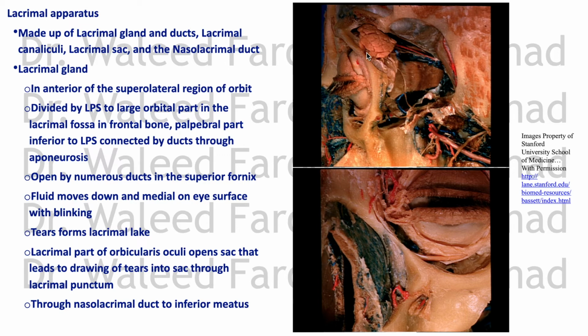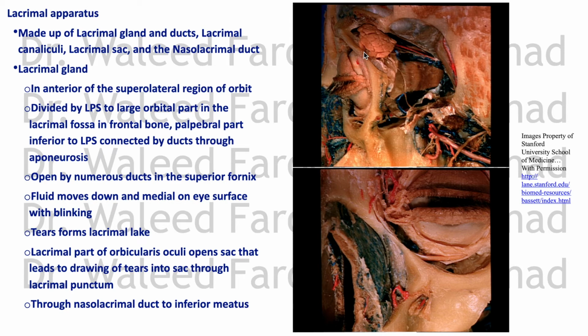Actually, the aponeurosis of the levator palpebrae superioris will divide the gland into upper and lower parts, and both parts are connected by ductules through the aponeurosis of the levator palpebrae superioris.